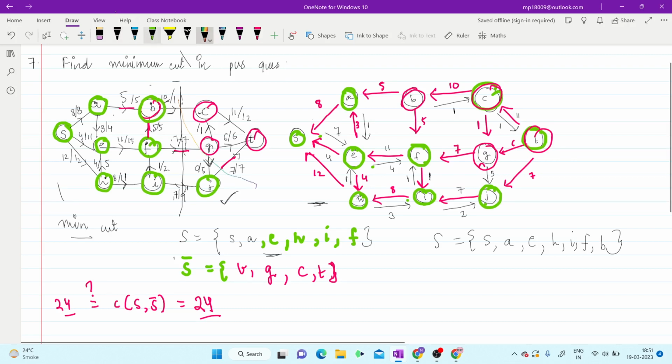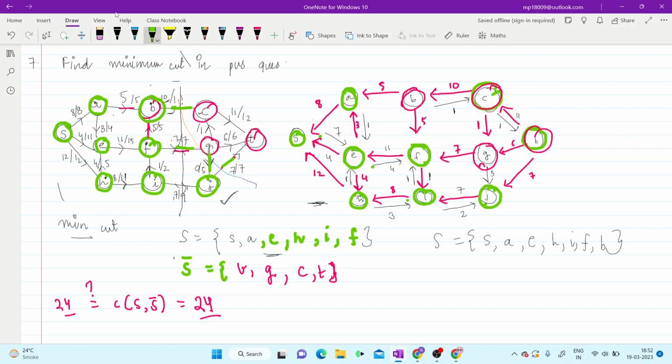So if we have to say that this is a minimum cut, the capacity of this cut should come out to be 24. So is the capacity of this cut coming out to be 24? What all edges do we have to consider? We have to consider BC, FG, GJ and JT, right?